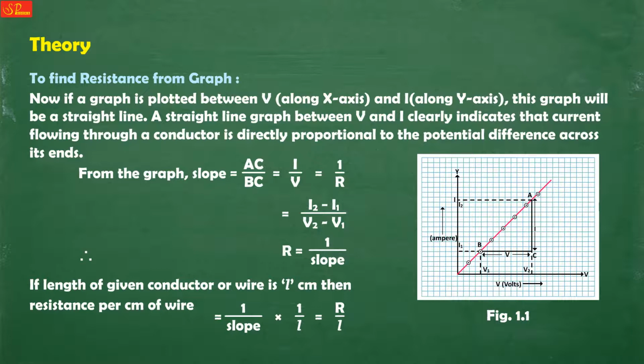Therefore, R equal to 1 by slope. If length of given conductor or wire is L centimeter, then resistance per centimeter of wire equal to 1 by slope into 1 by L equal to R by L.